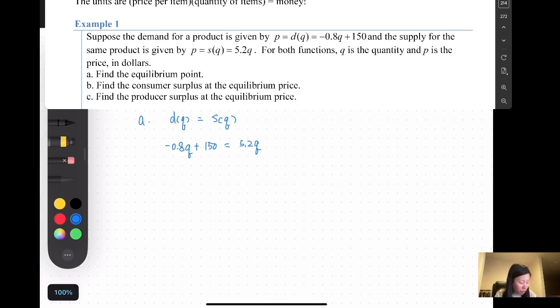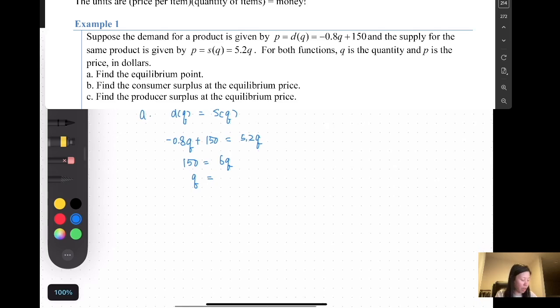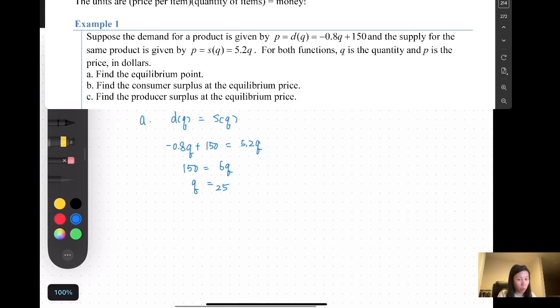And then we can solve for q by adding 0.8q on both sides. So I got 150 equals 6q. So q is equal to, we divide by 6 on both sides, 25. So the equilibrium point is when quantity equals 25.